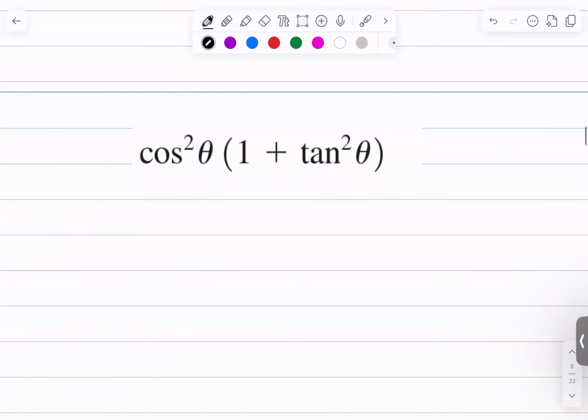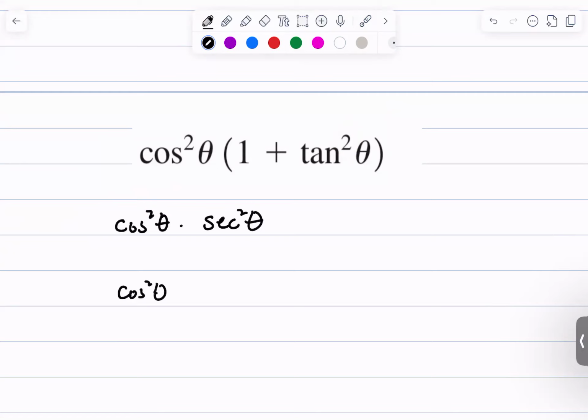What is 1 plus tangent squared? Again, there is that trig function squared. So think about your Pythagorean identities. What is 1 plus tangent squared? Secant squared. So this is cosine squared times secant squared, right?